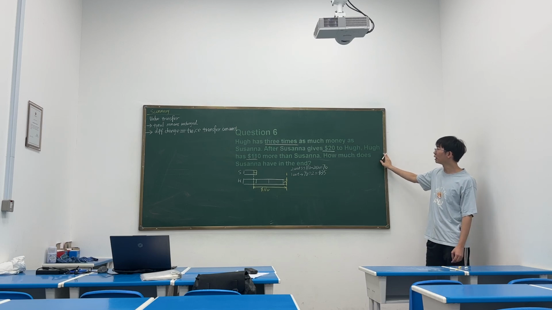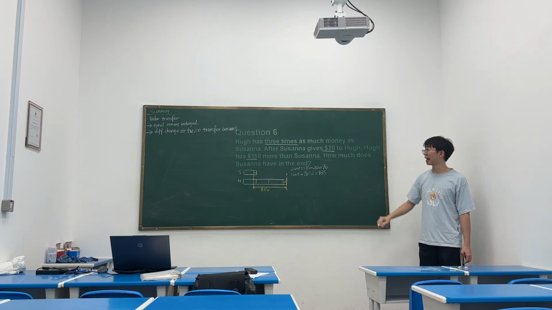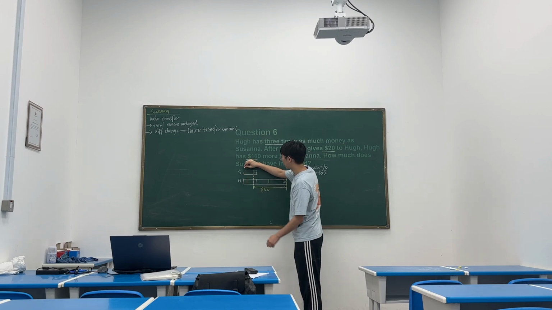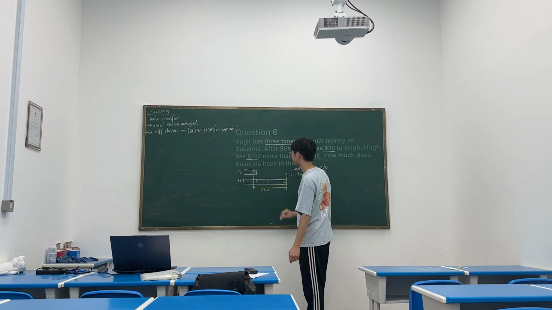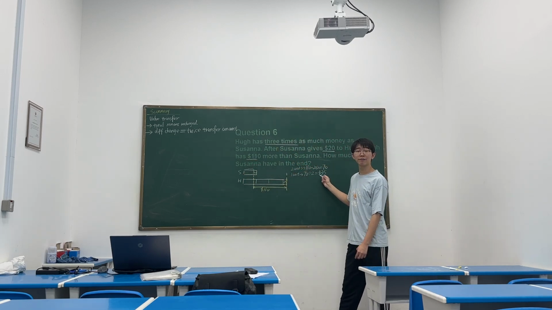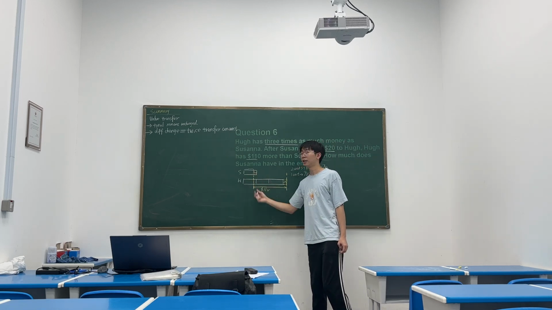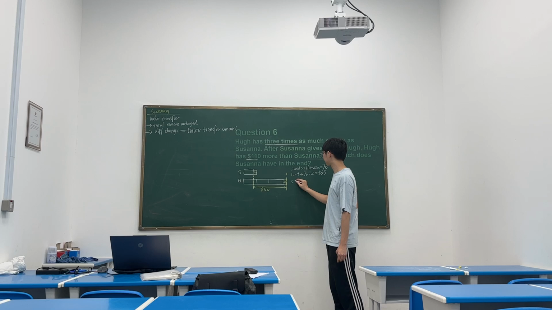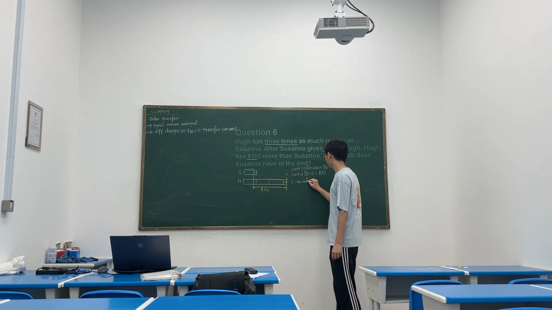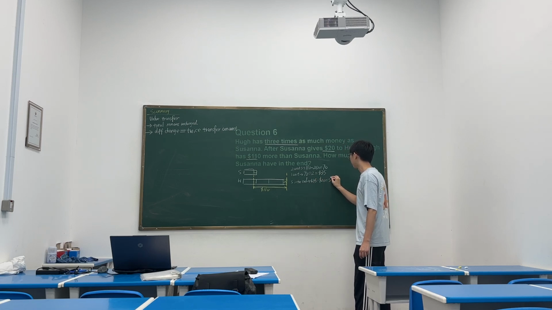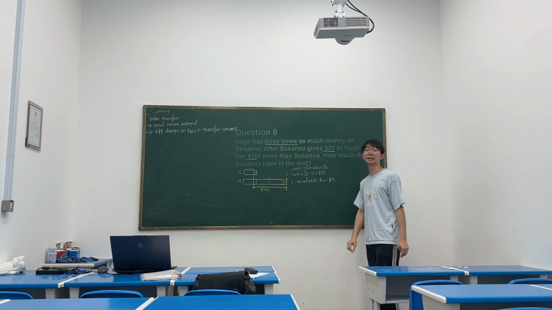Then we're going to find out how much Susanna has in the end. In the end, this is what Susanna has. How do we find out this length over here? We know 1 unit is 35, so in total this is 35. Susanna gives out 20, so in the end we have 35 minus $20 equals $15 left.